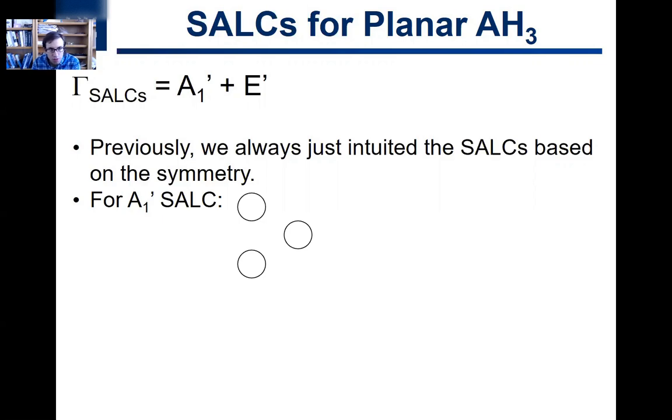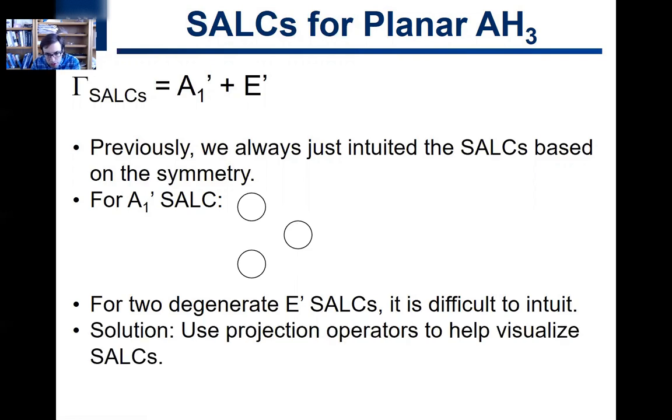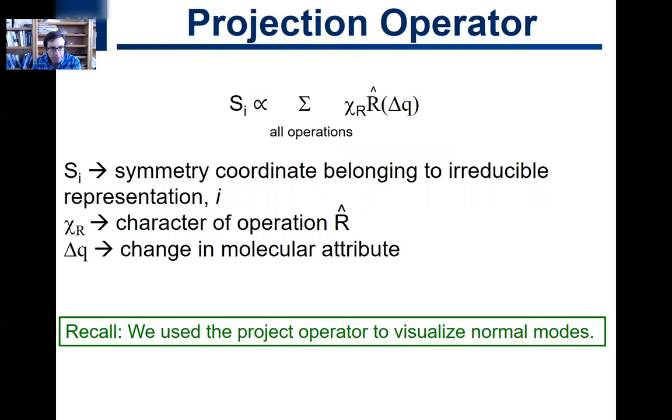There's always going to be one totally symmetric SALC. And in this case, that's just going to be, in a trigonal planar relationship, all the s orbitals in phase, right? So we know what that looks like. But for the two degenerate E prime SALCs, it's pretty difficult to intuit what they would be, and I'll show you why. So we're going to use the projection operators to help us.